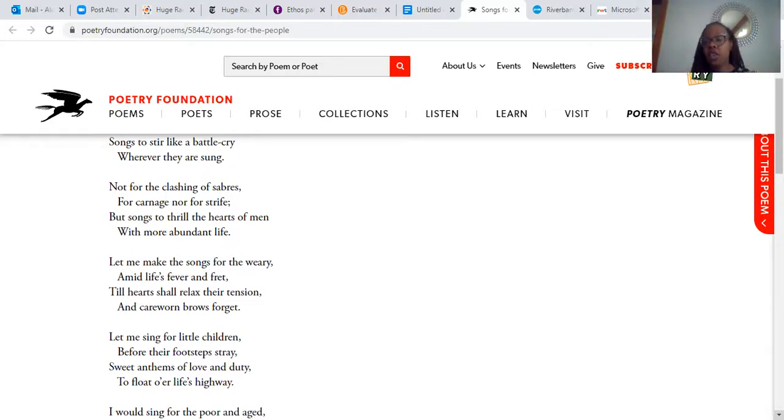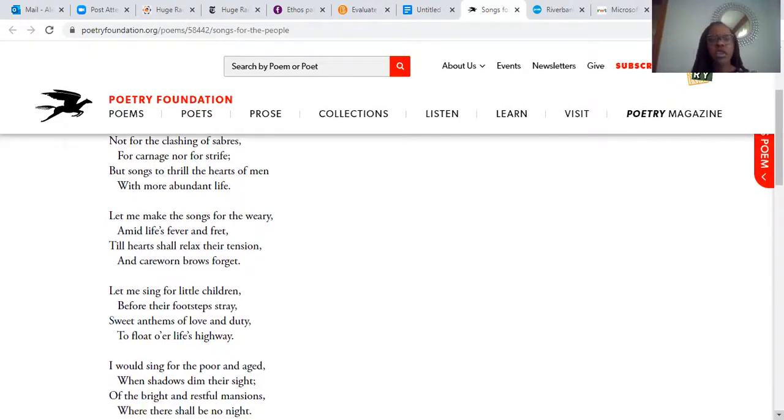The songs that she's referring to are the work, the writing, the stories, which is what songs are. And she's saying she's not writing these stories to tell war stories, or to only talk about the ills of life. I also want to talk about songs that thrill the hearts of men and inspire them to a more abundant life.